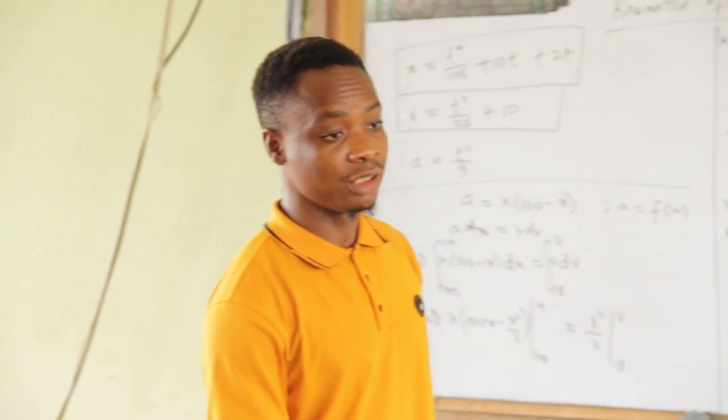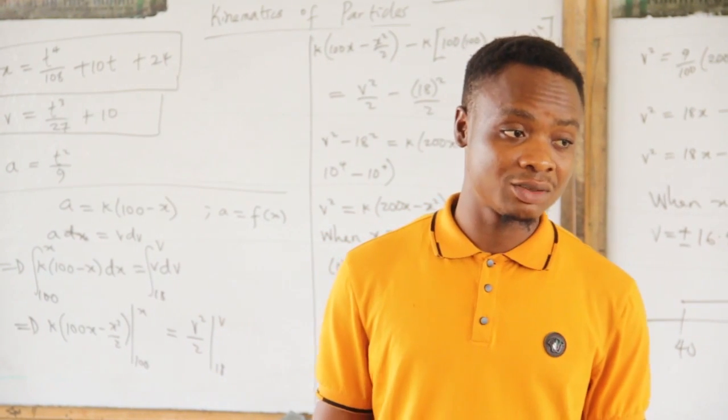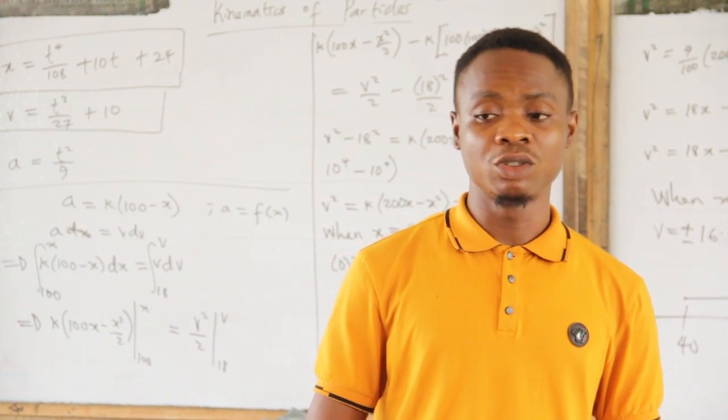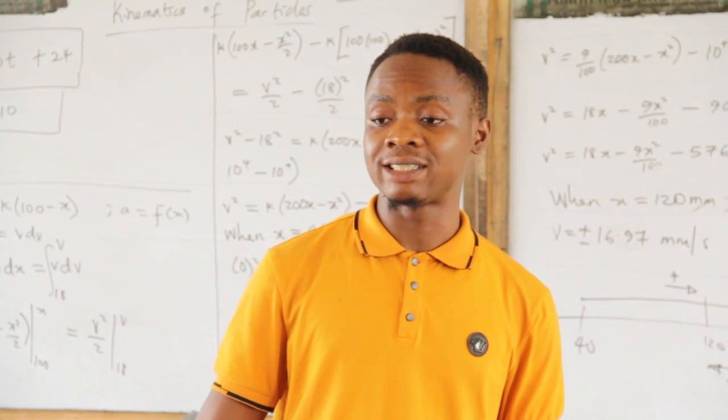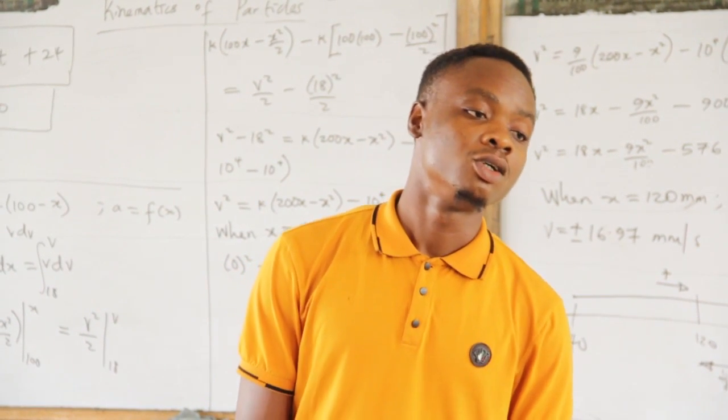What kind of problem is this? Think about it. That's a function of position, a equals f of x. Just that in this case, the position is expressed in terms of y and not x. That's the only difference. So you are still going to use the same equation, a dx is equal to v dv. Do you understand this?